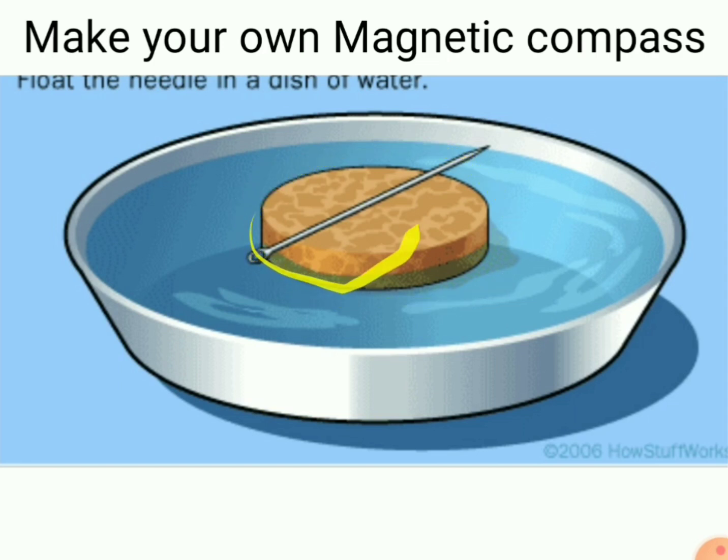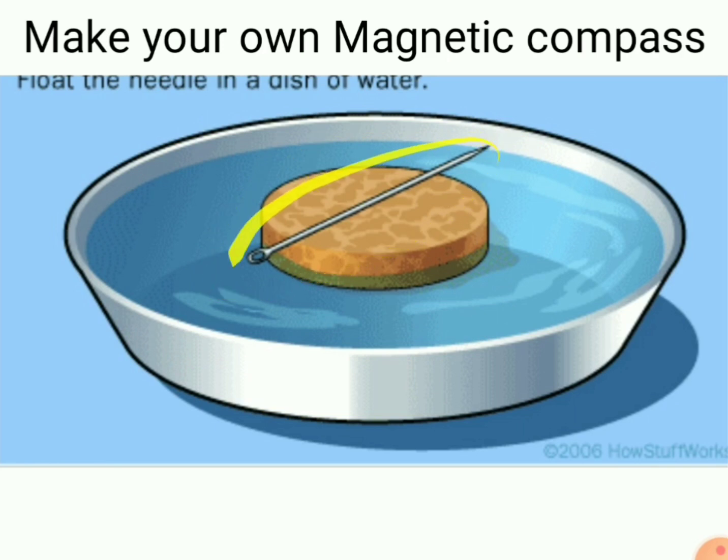Let it float on a glass of water as shown in the figure, and add a little detergent or soap to the water to help the cork float freely. This is the way to make a magnetic compass.